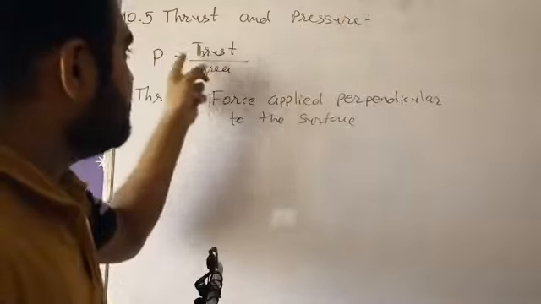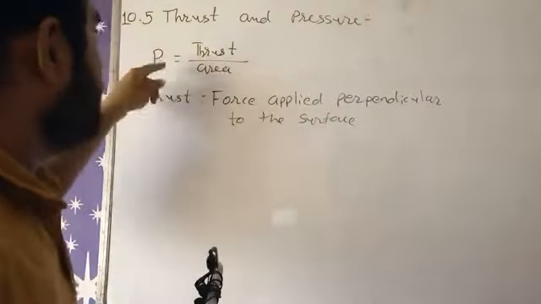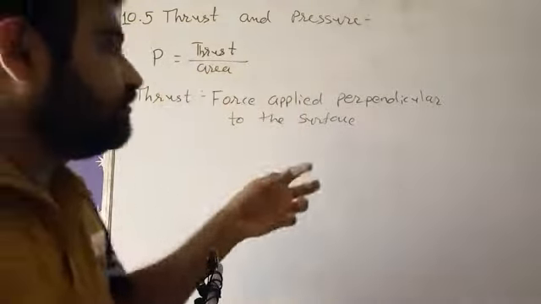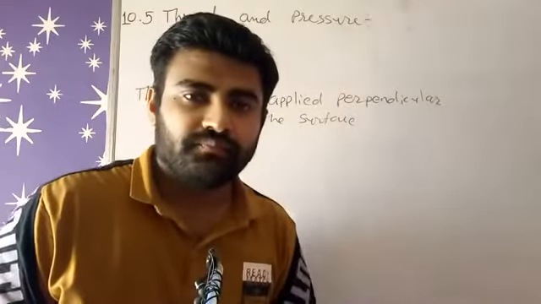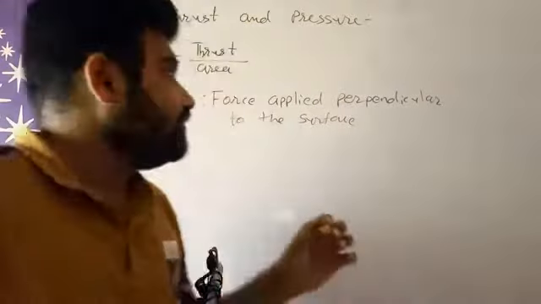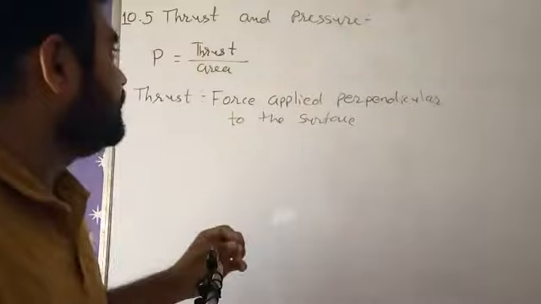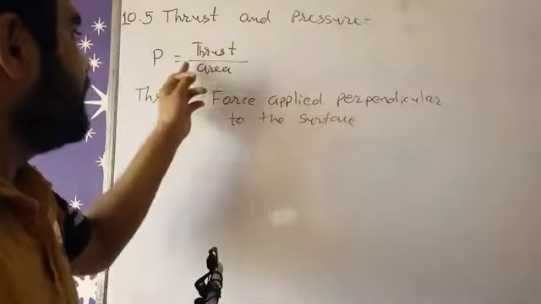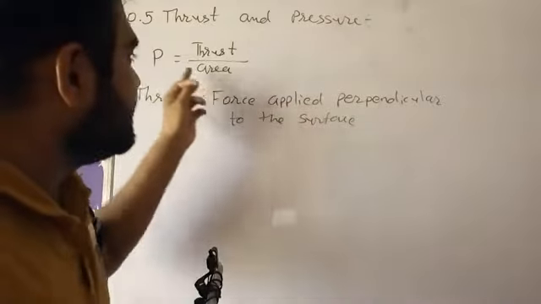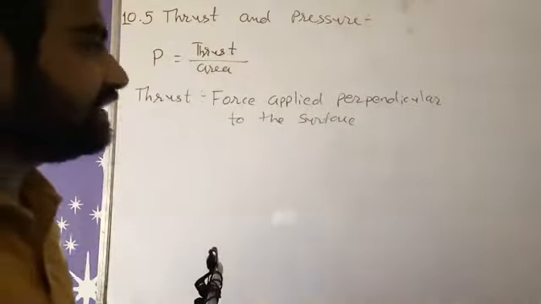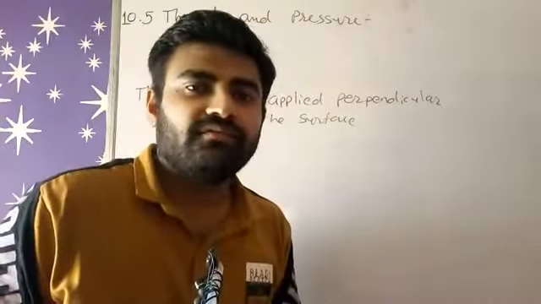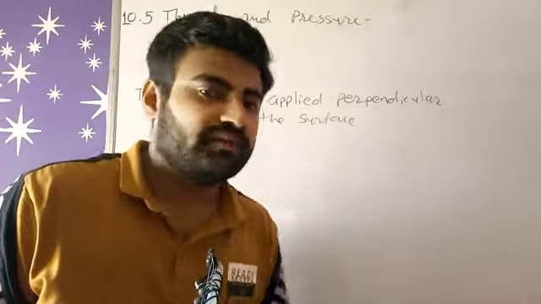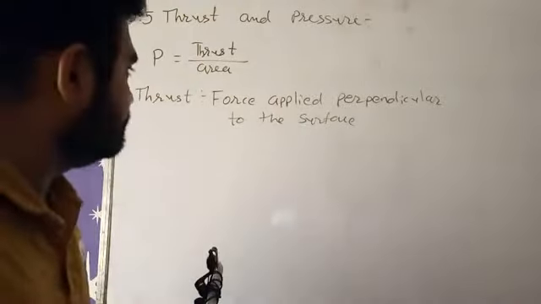When your area is decreased, pressure will be increased, and that's why you will sink in the water. So whenever you want to swim, you have to go horizontally. By going horizontally, you are increasing your area, and when you increase your area, pressure will be decreased, and you are now not going so much down in the water.